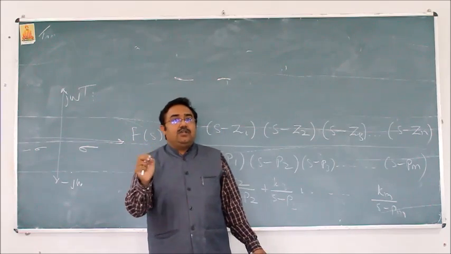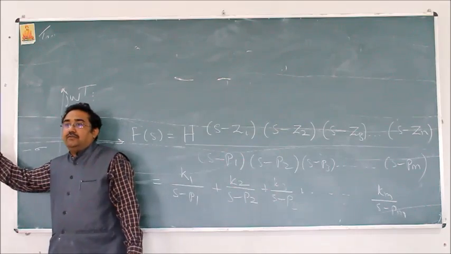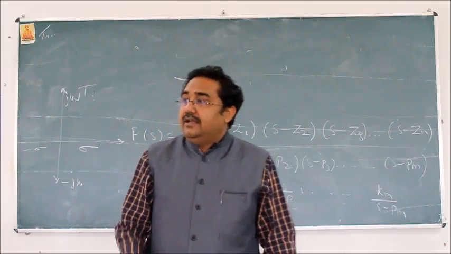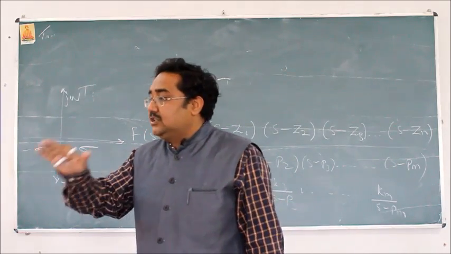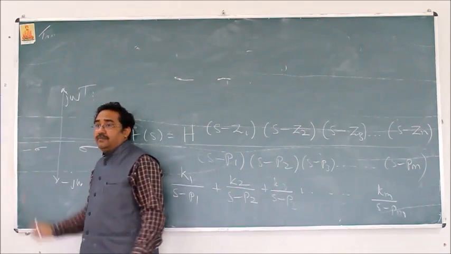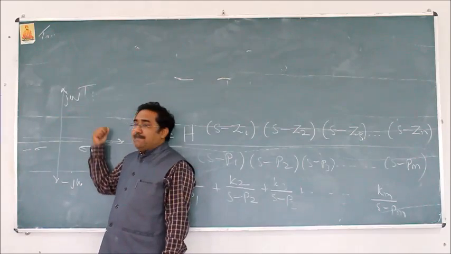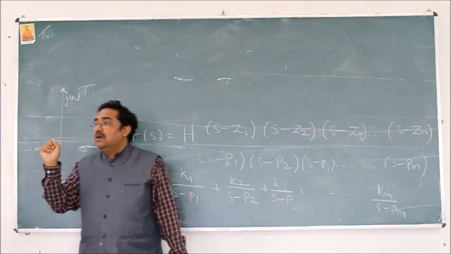But for the stability of the system, the poles should lie on the left hand half of the S-plane. This is an important term which you will read in your third year control system also. In order for the system to be stable, the poles should lie on the left hand half of the S-plane.